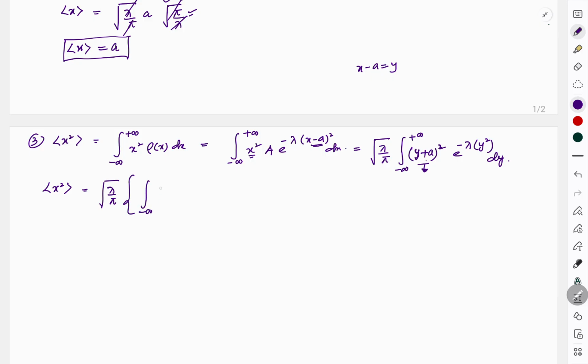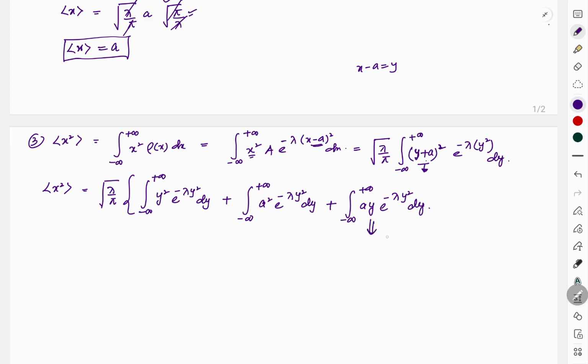First integral would be minus infinity to plus infinity y square e power minus lambda y square dy, because this y plus a whole square would be y square plus a square plus twice ya, and plus minus infinity to plus infinity a square e power minus lambda y square dy plus, and there would be a third integral that would be ay e power minus lambda y square dy.